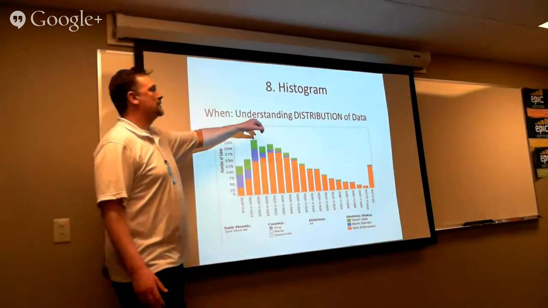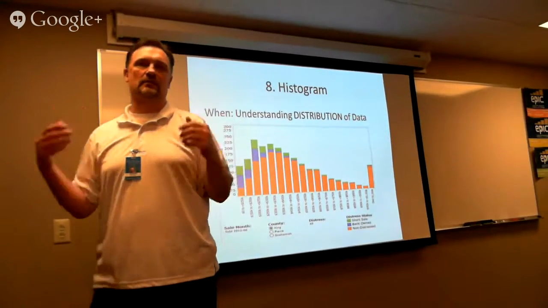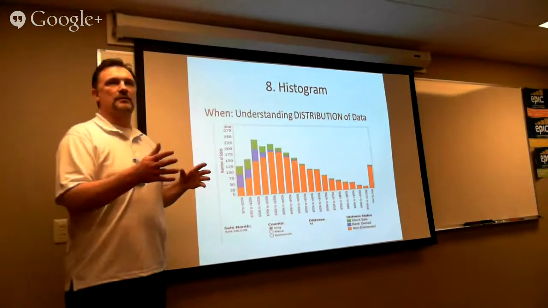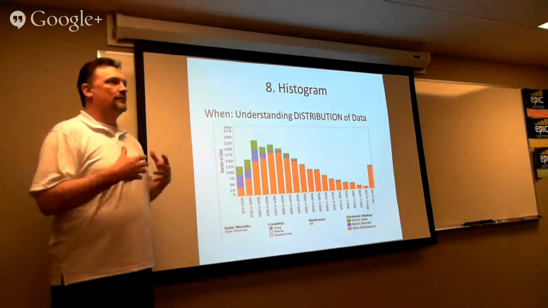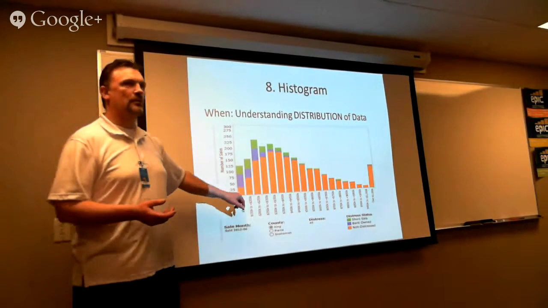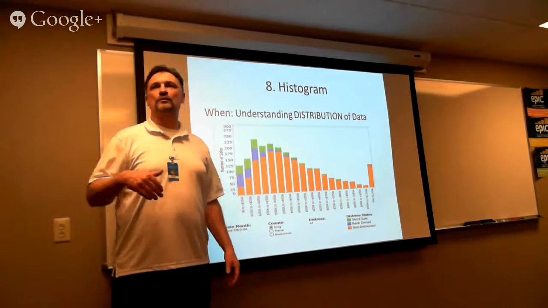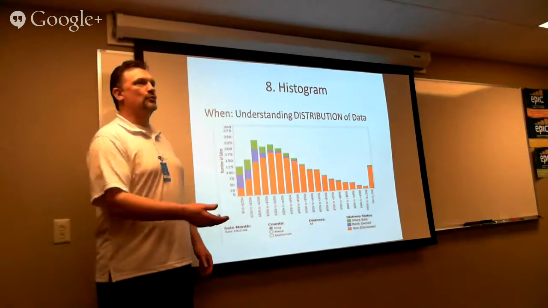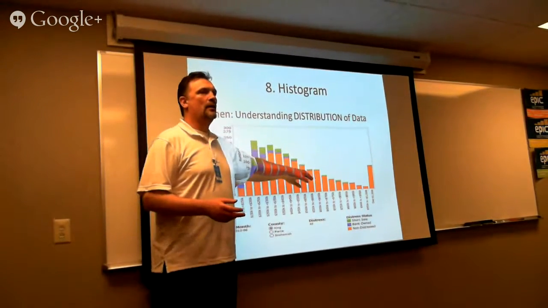Key again, distribution of data. And this is one of those that when you're eventually asked to learn more about the data, if you have numeric data, what they call measures, a histogram is very often one of those defaults. Go generate histograms. You get a feel for it.